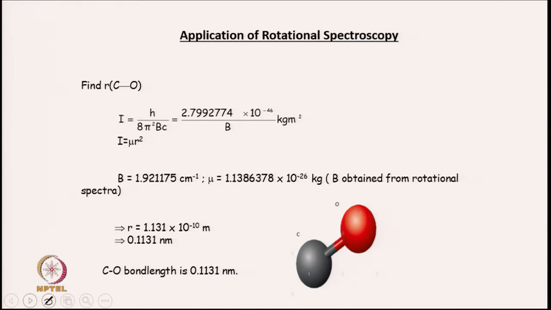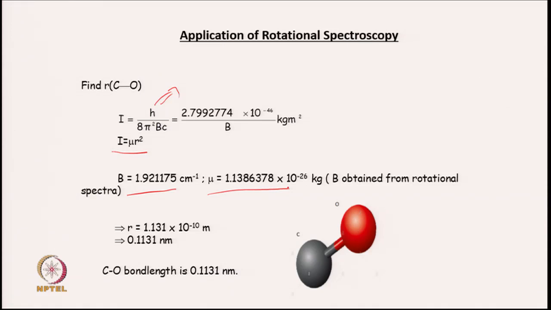From the rotational spectra, what was observed is that B is equal to 1.921175 centimeter inverse, and by putting this into equation I is equal to h by 8 pi square B c, we can obtain your value of I, and from I we can calculate your R, since mu is equal to 1.1386378 into 10 to the power minus 26 kg.